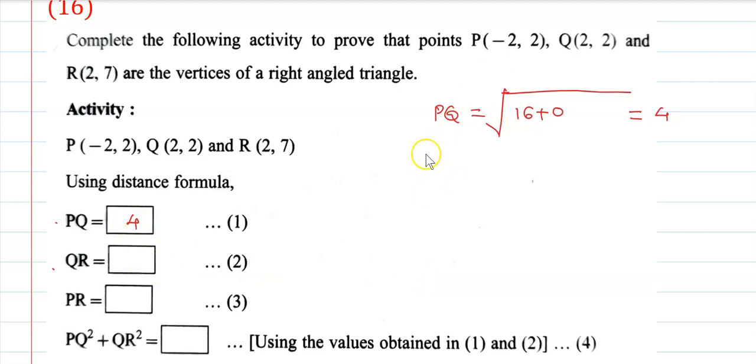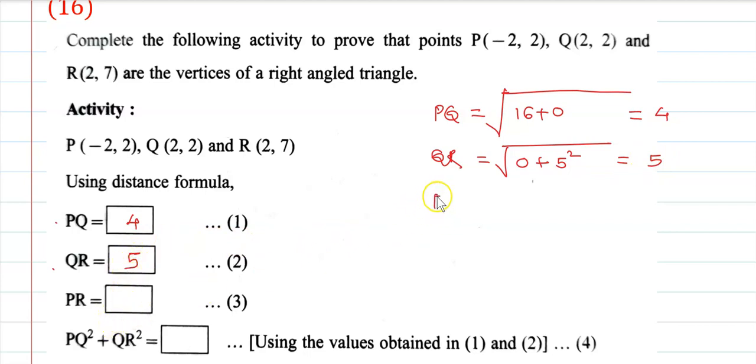Next, I find out करणार QR. Okay, in root of QR: 2 minus 2, you will get here 0. Next, 7 minus 2. 5 square means what? 25. Okay, that is QR is equals to 5. इथे किती लिहिणार? तर ते 5 लिहिणार.